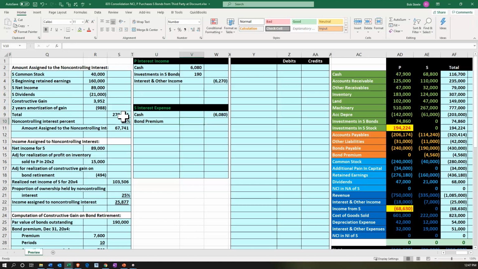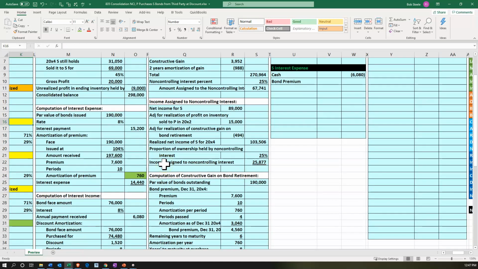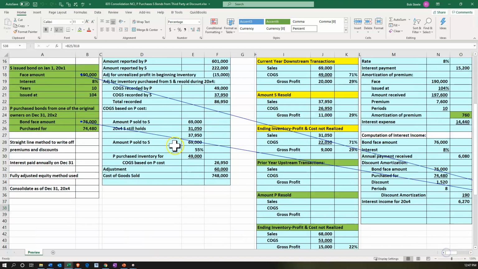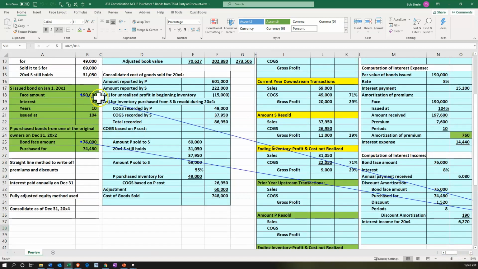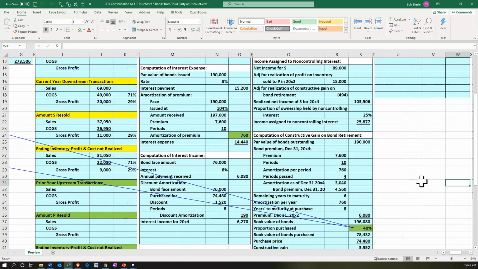So how am I going to calculate the premium? And the annoying thing is it's not going to be the same amount as the discount. We calculated the premium over here. This is the total premium for all the bonds, the 190. And here, this is a ratio of the bonds that have been purchased from a third party by S. If I took 76,000 over the 90, 40% of the bonds are these intercompany bonds.